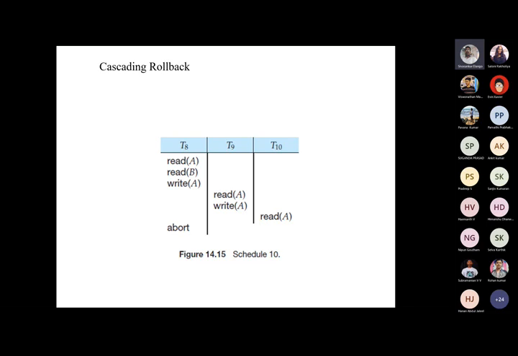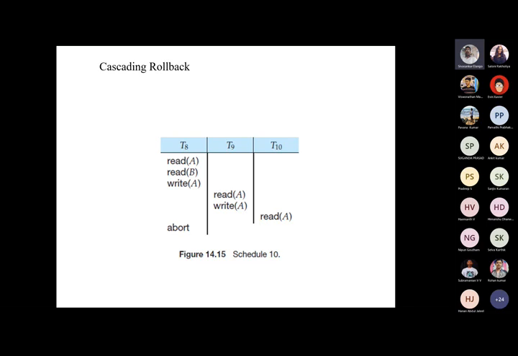So what should you do? You should undo the effects of transaction T8. And since transaction T9 is dependent on transaction T8, we have to undo transaction T9. And since transaction T10 is dependent on transaction T9, we should undo transaction T10.